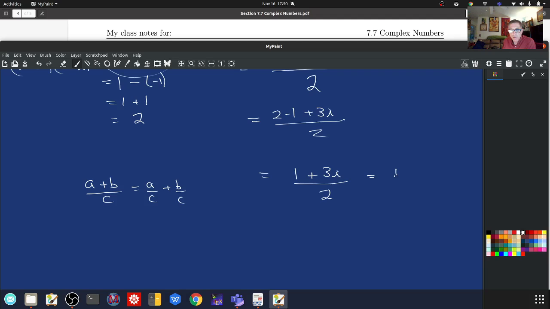So this is 1/2 plus 3/2 i. And that's a plus bi, where a is equal to 1/2 and b is equal to 3/2.